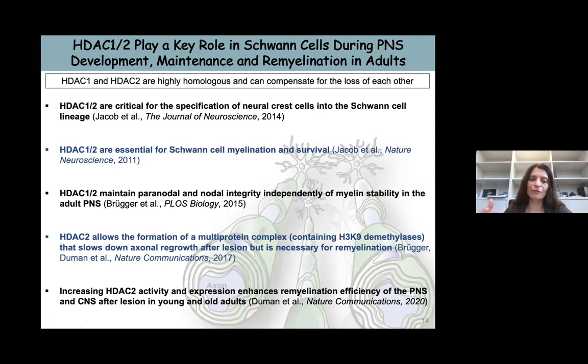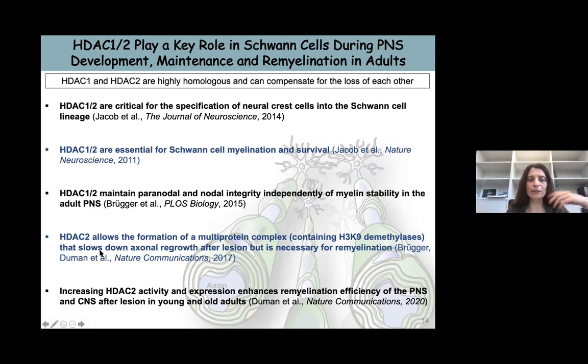This complex is formed too early after lesion, and it slows down axonal regrowth. But later on, it is necessary for remyelination. What was really interesting here is that we could use an inhibitor of HDAC2 and HDAC1, and this blocked or delayed the formation of this complex.